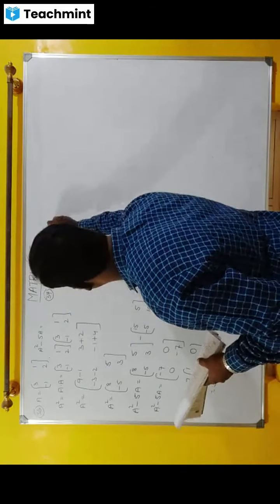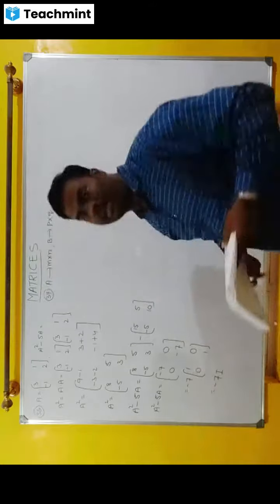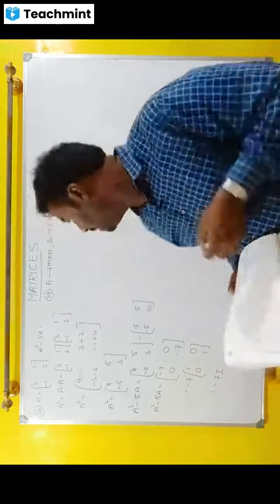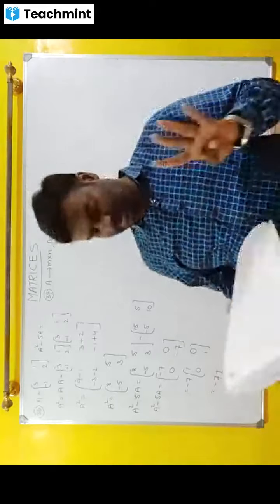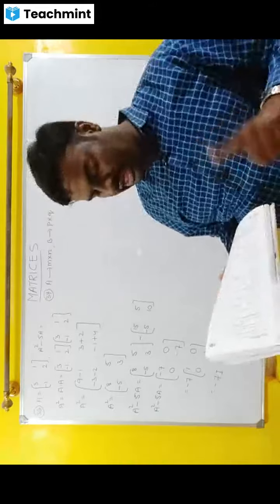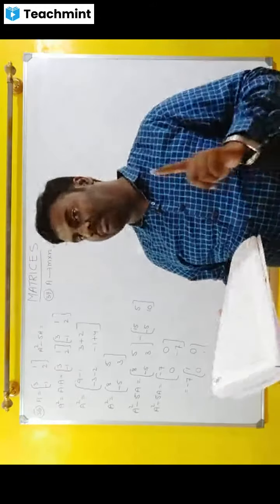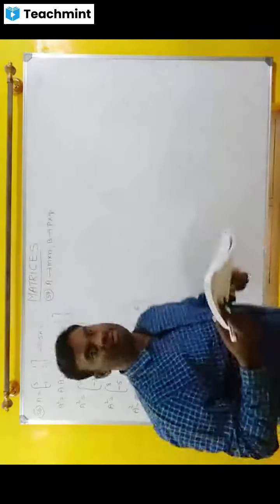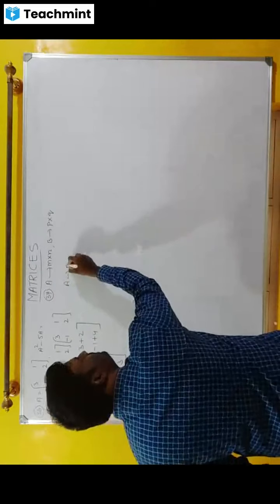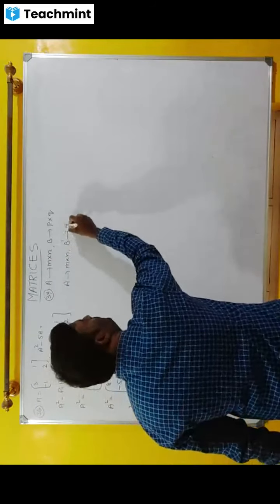B matrix order we don't know, that's why I am taking P by Q. And both AB dash and B dash A are defined. Now AB dash. A matrix is m by n. B dash is nothing but Q by P.